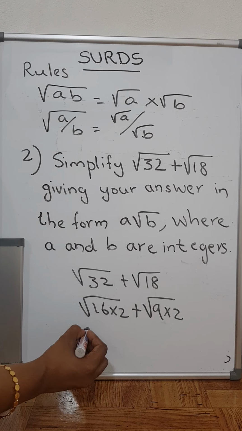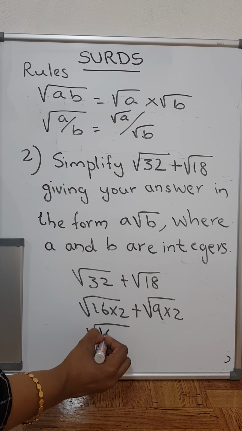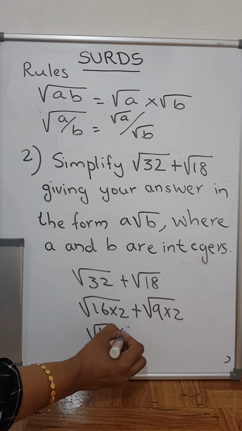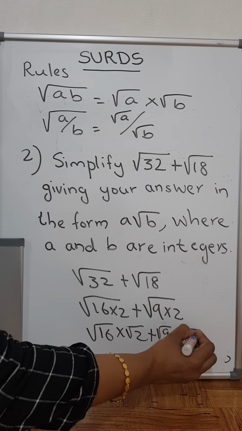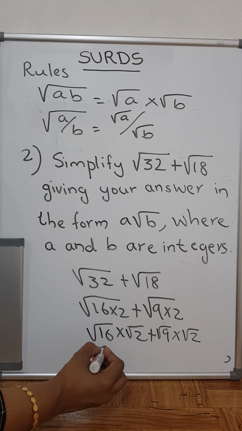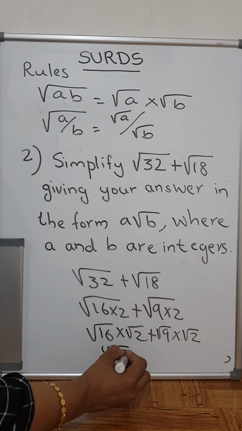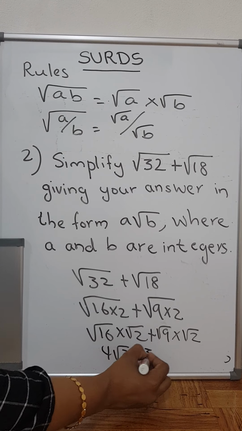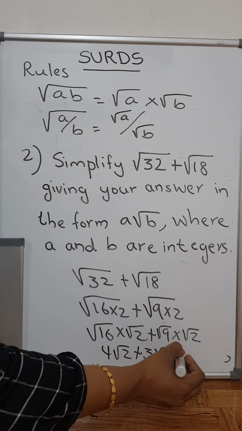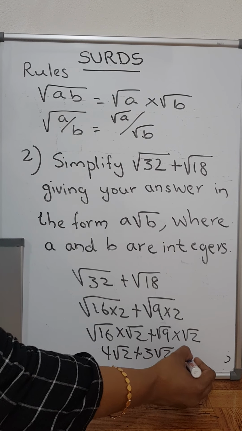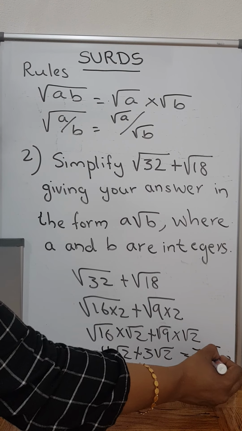Now see this, according to the first rule, we can rewrite as root of 16 times root of 2 plus root of 9 times root of 2. Root 16 is 4, 4 root 2 plus root 9 is 3, 3 root 2. When we take root 2 out, it will be root 2 times 4 plus 3, that is 7 root 2.